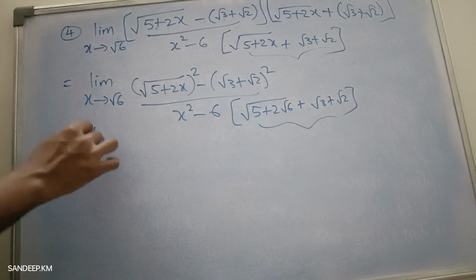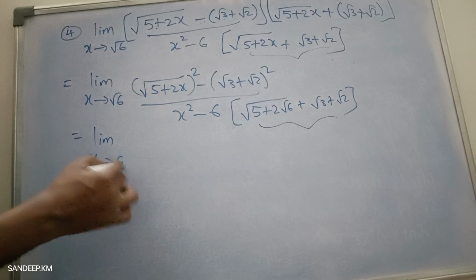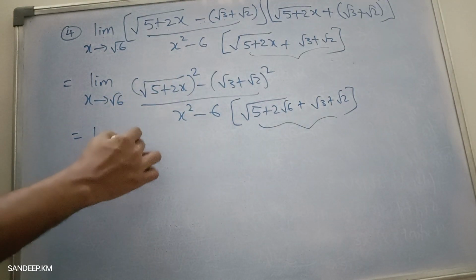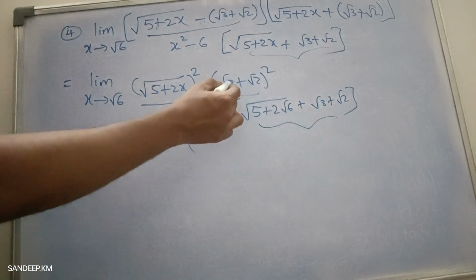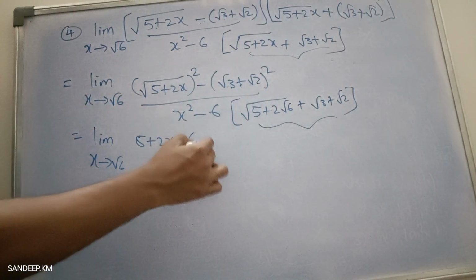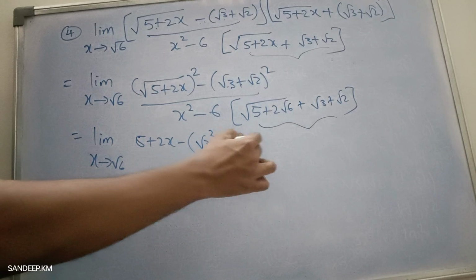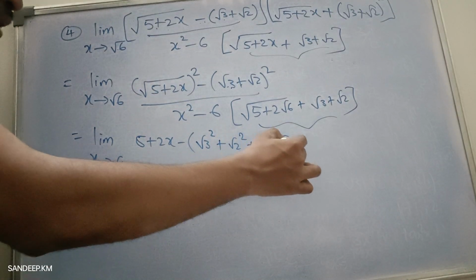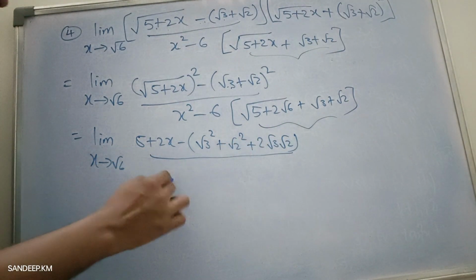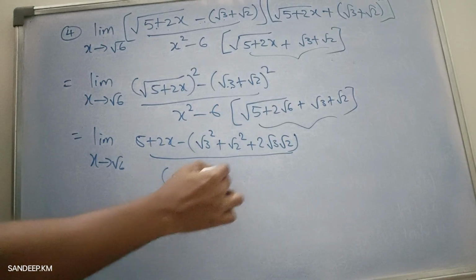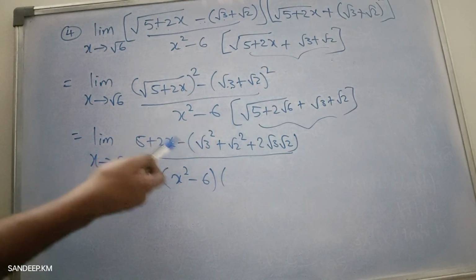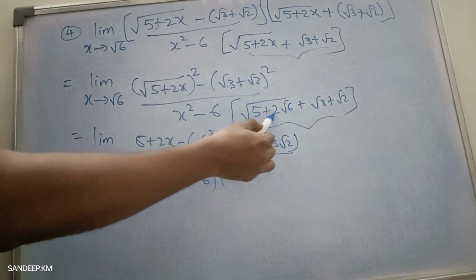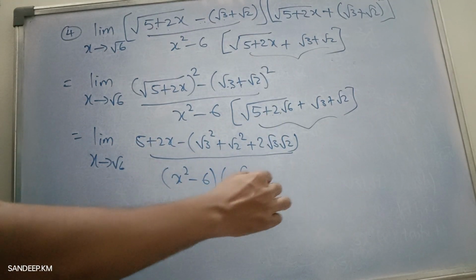So limit x approaches root 6, square and root cancel, you will get 5 plus 2x minus, open the bracket, a plus b whole square, a square plus b square plus 2 into a into b, whole divided by x square minus 6 into, just a minute before I explained that root of 5 plus 2 root 6 is root 3 plus root 2.